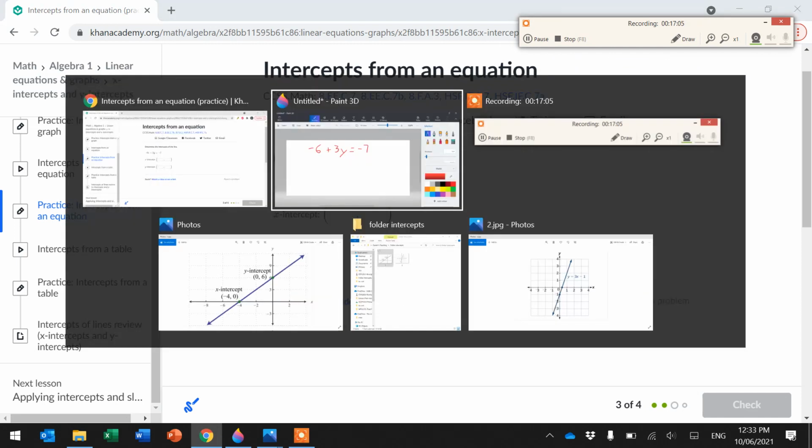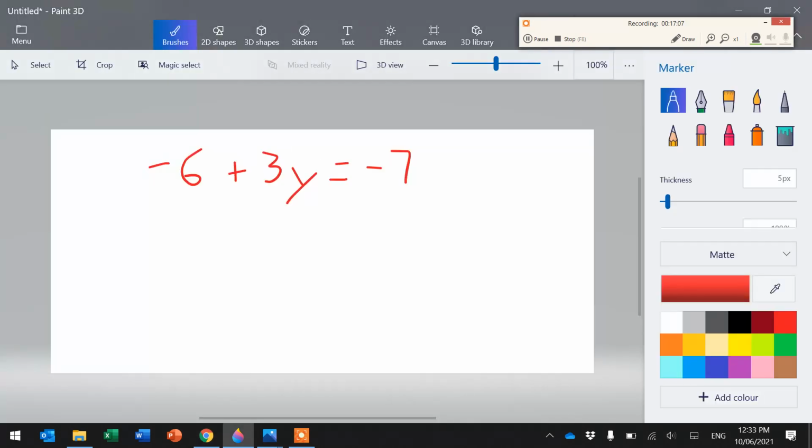So, first thing, we'll just make one of these zeros. Can't forget our x. We'll make the x 0 first. Minus 6 times 0, so I put a little 0 underneath it. Minus 6 times 0 will be 0. So we can actually get rid of that 0 because we don't need to consider it. So all that becomes 0, and then we've just got 3y equals minus 7.